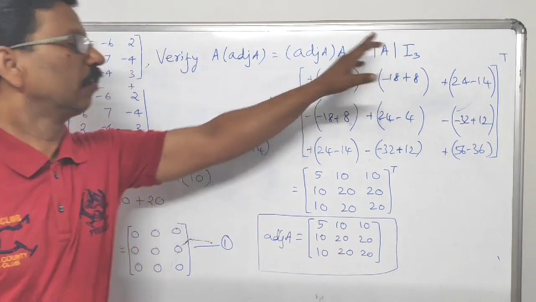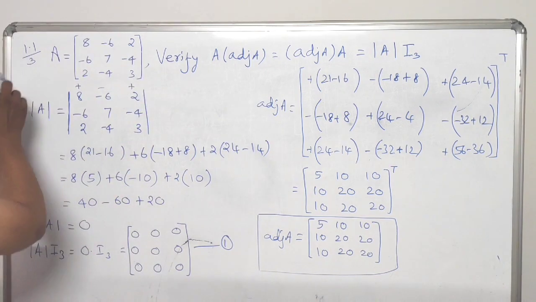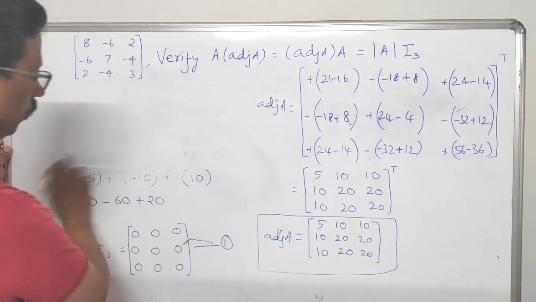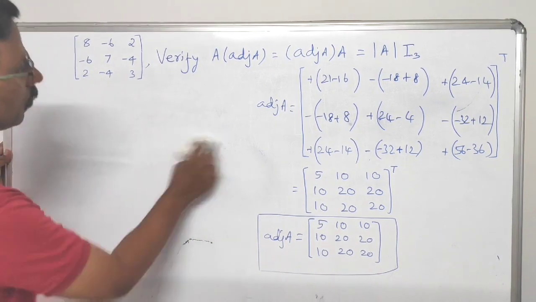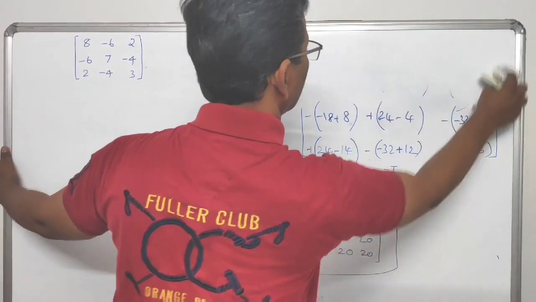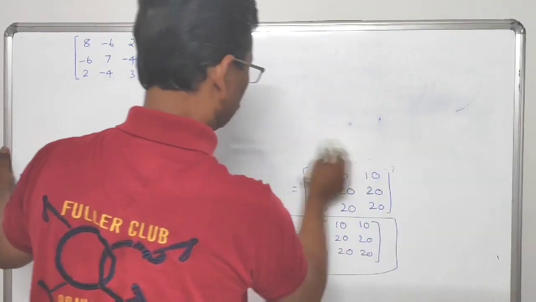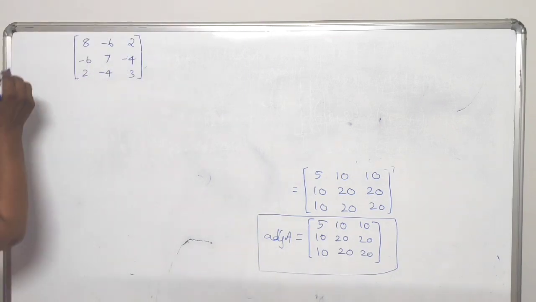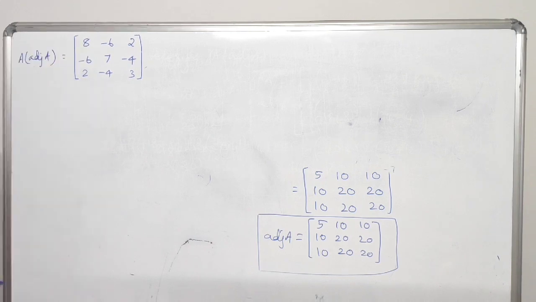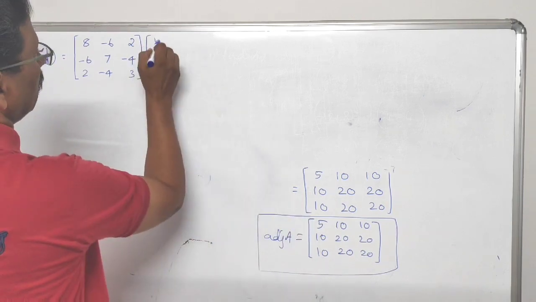Therefore, let us find A into adjoint A. This is the A matrix, then into the adjoint A matrix here. The first row is 5, 10, 10.